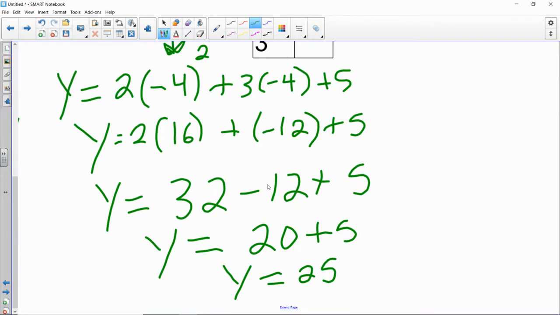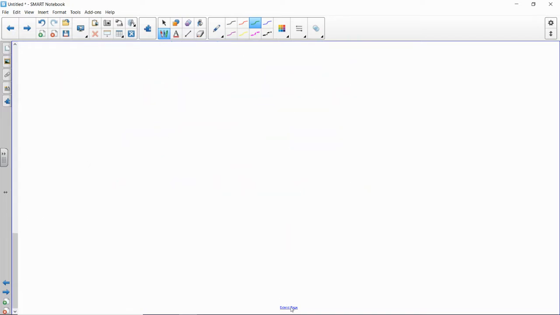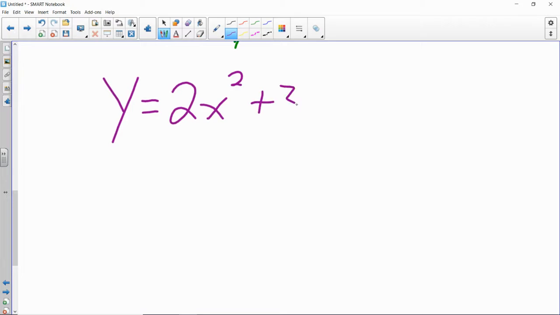So let's look at how it happens when we put in 0. Again, my original equation, y equals 2x squared plus 3x plus 5.